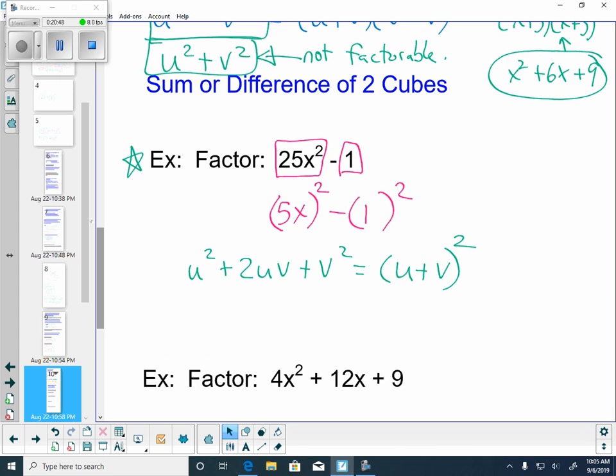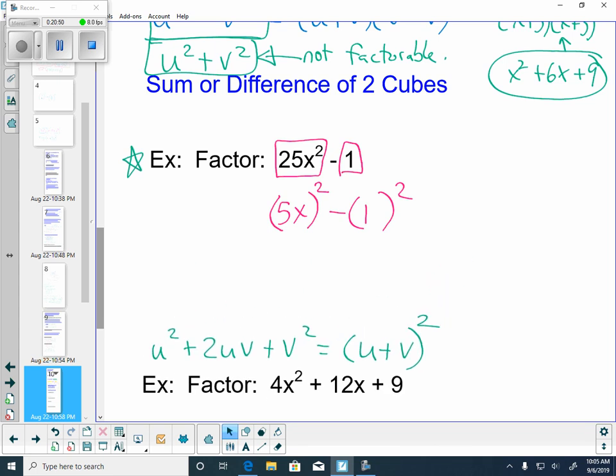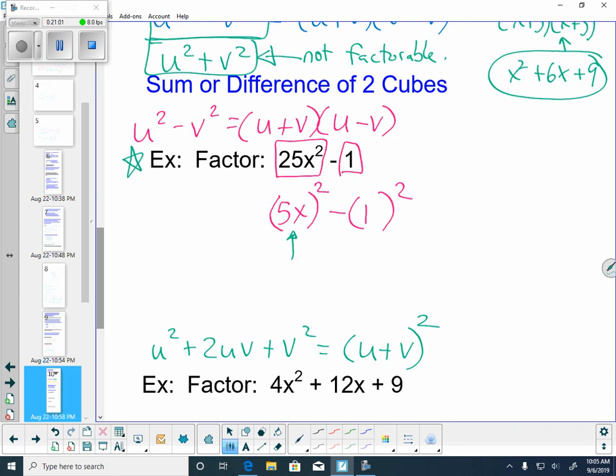And so here's my point. We're going to use that formula for factoring a difference of two perfect squares. It looks like this. But this right here is going to be our u. You with me? And this 1 is going to be our v. So let u equal 5x and let v equal 1.